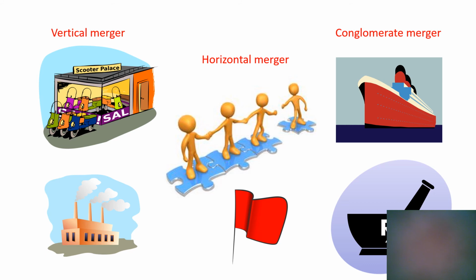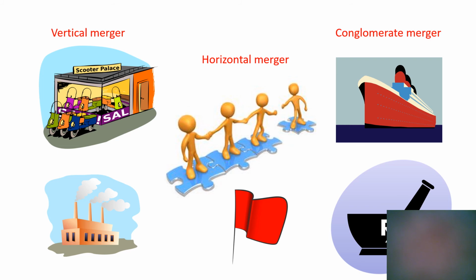On my little PowerPoint illustration here, I showed a vertical merger where perhaps some of the parts for motorcycles are made at a factory and bought from a different company, but after the merger, the company that is selling the motorcycles has merged with the company that is producing some of the parts for the motorcycles, hence a vertical merger. A horizontal merger would be more like two retailers of motorcycles merging together, a horizontal merger.